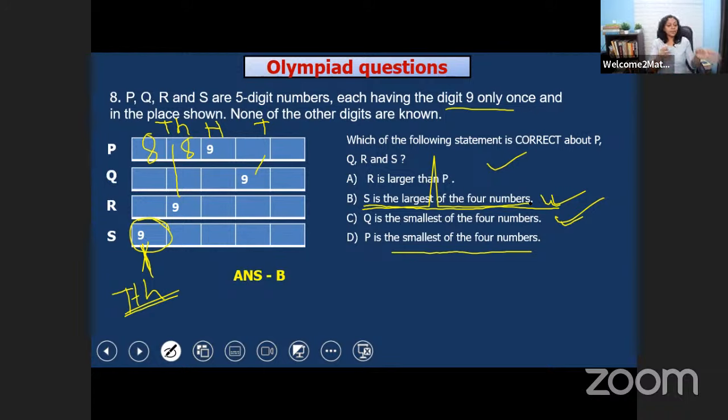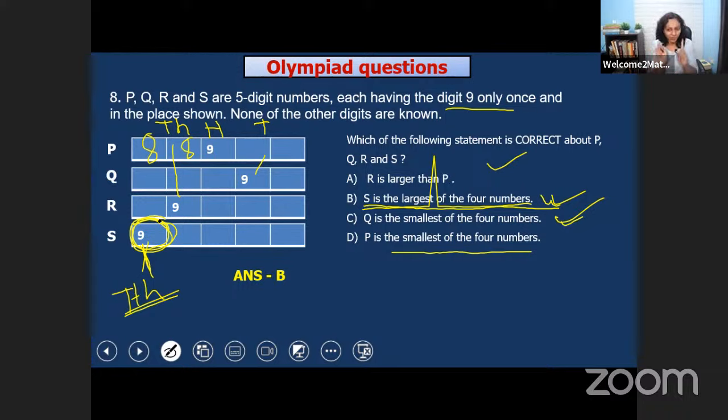Okay, whenever you have this type of question, just watch carefully. Whenever you see that a number starts with 9 and 9 is at the highest place, then it must be the largest number. And if a number starts with 1, then the number would be the smaller one.